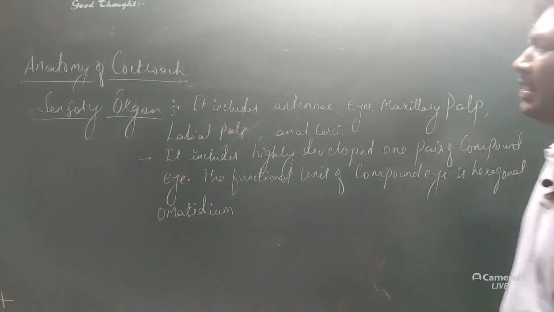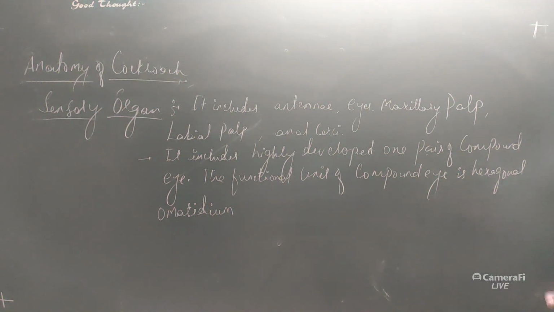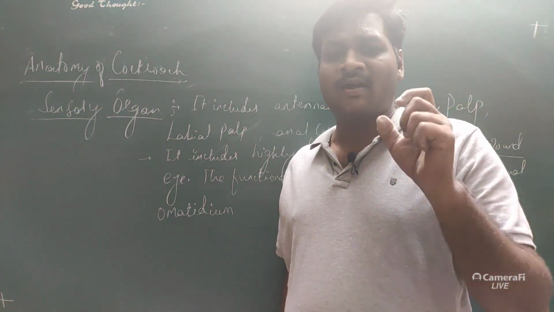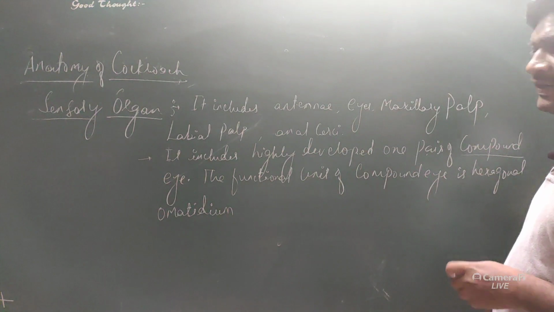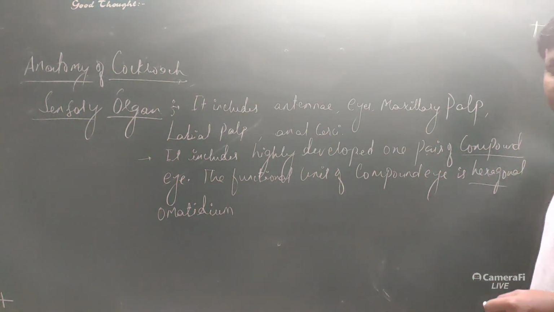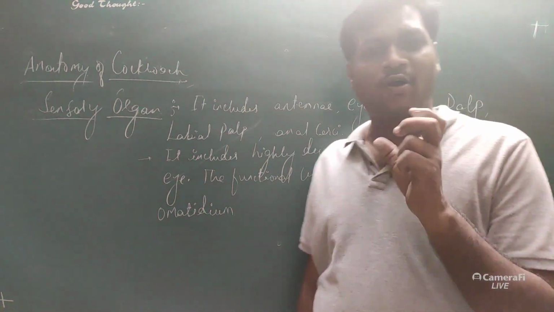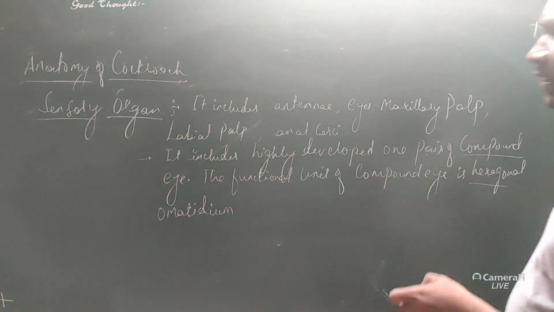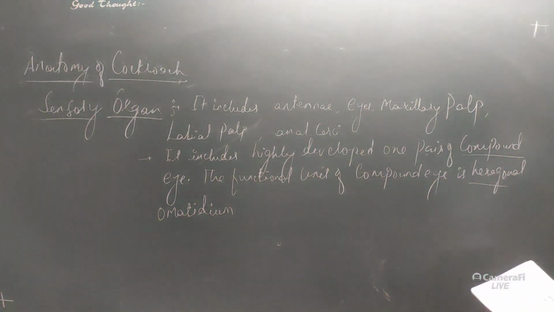They consist of very small units, around 2000 units of ommatidia, and each ommatidium is hexagonal in structure. So when they see any kind of object, there will be formation of 2000 small images. That is why they are called compound eyes.